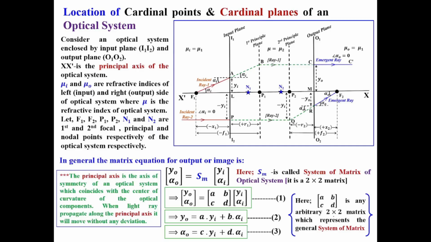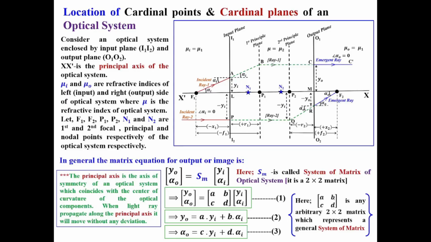In the general system matrix, instead of SM we write ABCD.